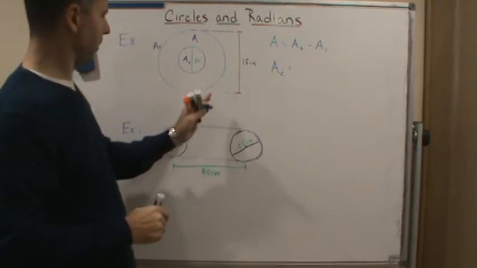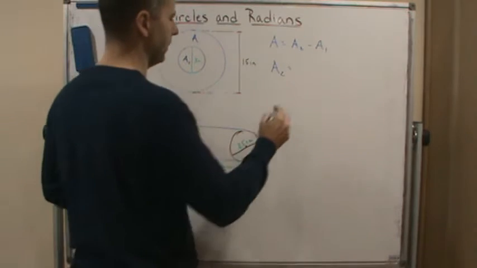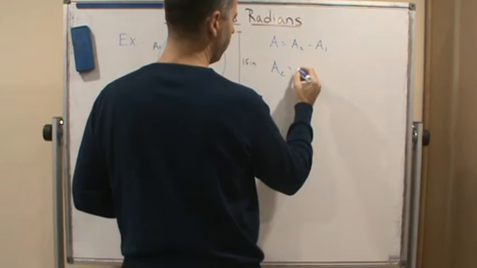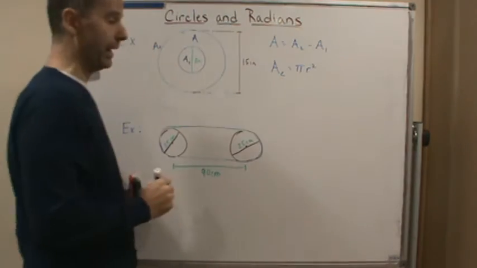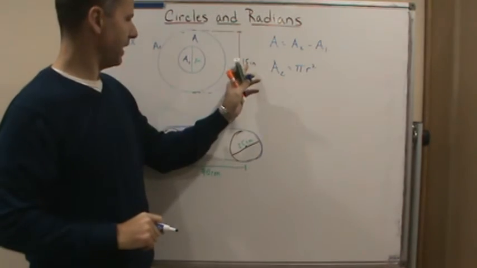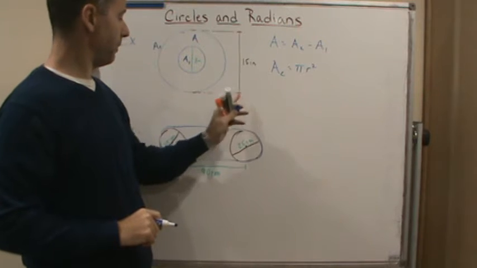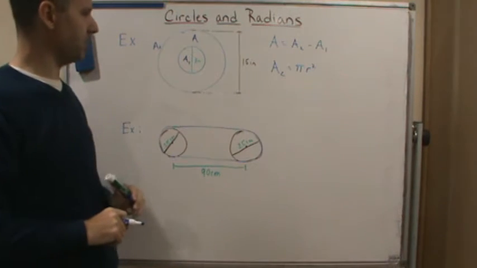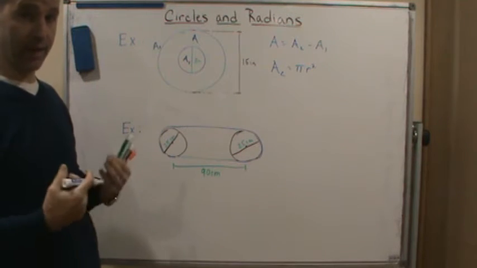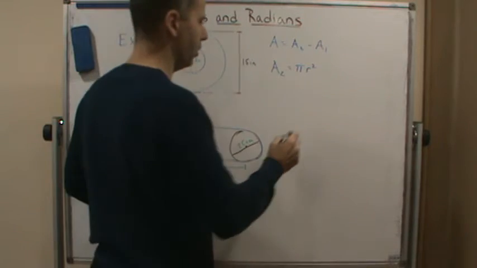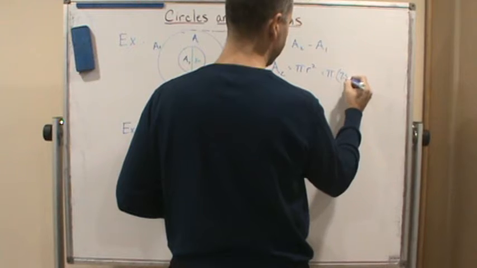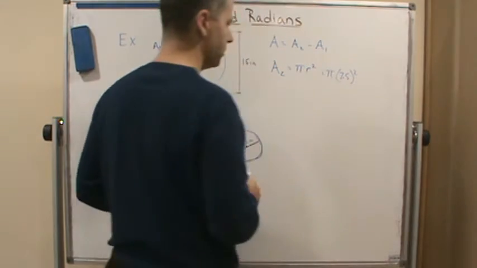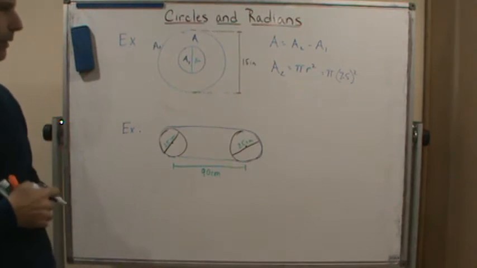Well, the diameter is 15, right? So the area, remember, is pi r squared, so we need the radius. In this case, the diameter of the big circle is 15 inches, so half of that is 7.5 inches. So it's going to be pi times 7.5 inches squared, right?